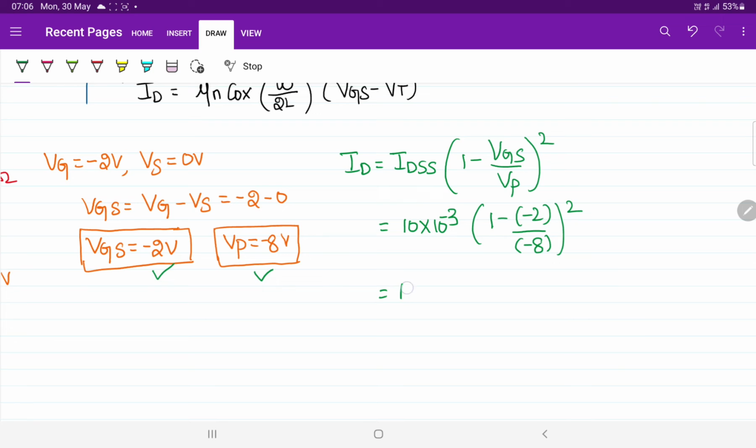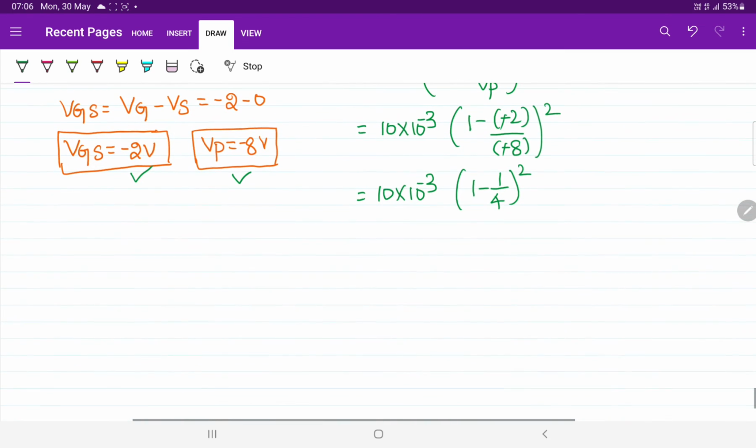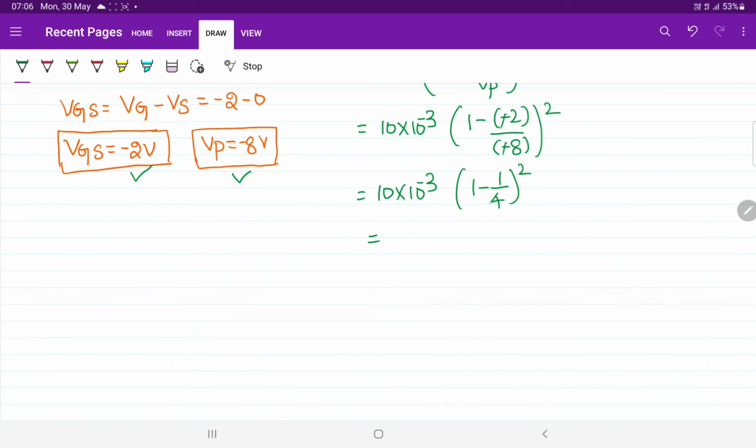From here I can say it will be 10 into 10 power minus 3. In bracket it will be 1 minus, see minus minus will get cancelled, 2 by 8 can be written as 1 by 4, whole square. Further, if we reduce this expression, taking the LCM, 4 minus 1 will become 3, 3 by 4. So this can be further written as 10 into root 3 by 2. Yes or no? I can take 4 outside. So root 3 we can't directly take outside. But what is the value of root 3?